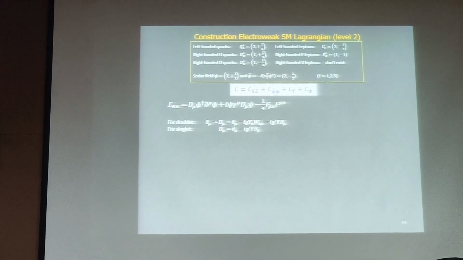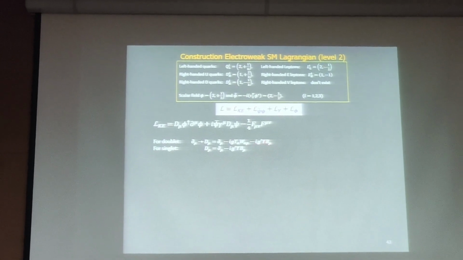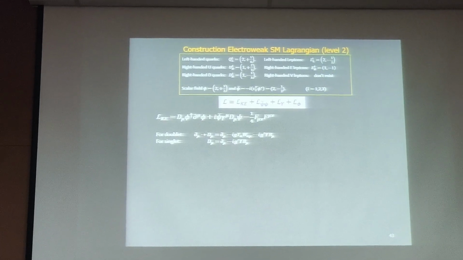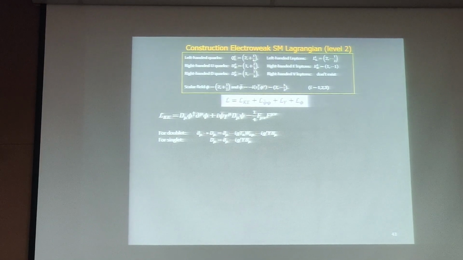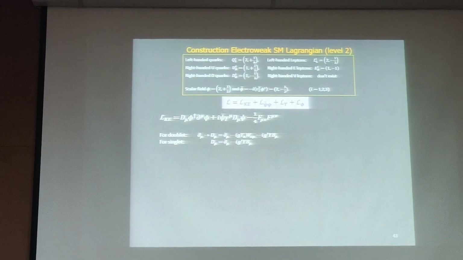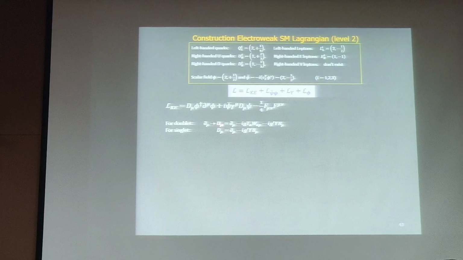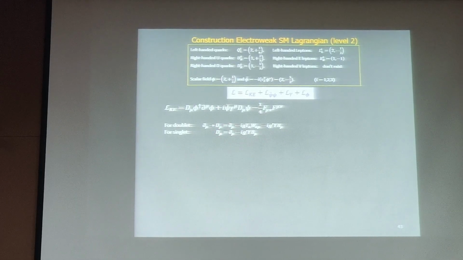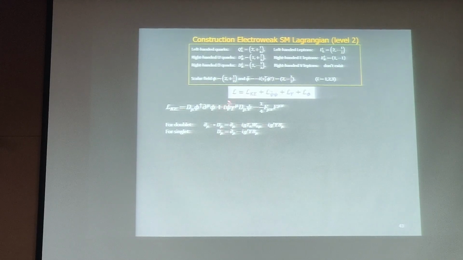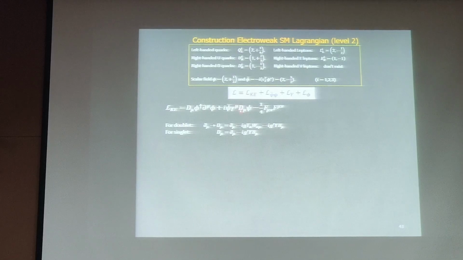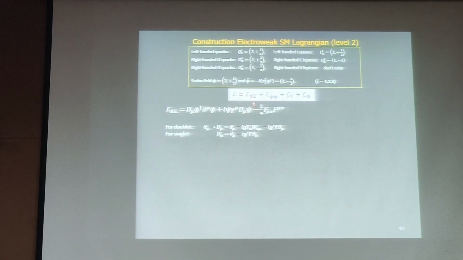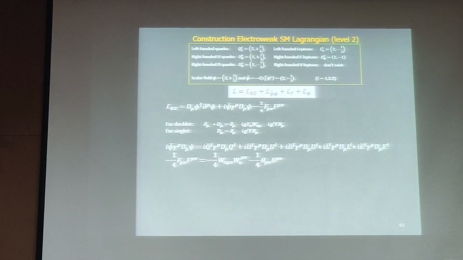This part is coming from SU2, and this part is coming from the U1 symmetry group. But if your field is a singlet, then the SU2 generators are equal to 0. So in this case the gauge covariant derivative will be simply equal to this one. So what will be the value of the gauge covariant derivative in different terms? That depends on whether the matter fields in these terms are singlets or doublets.